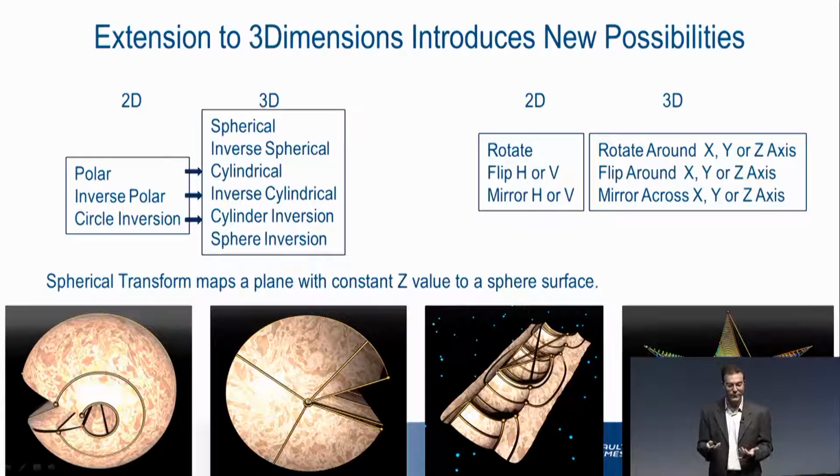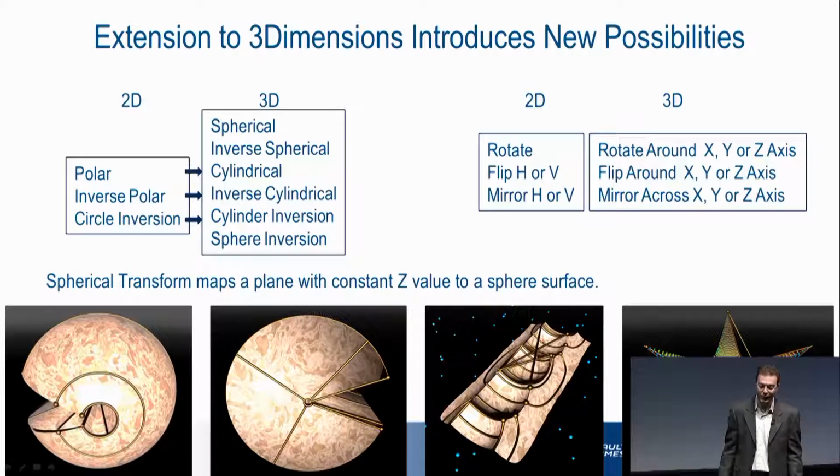And likewise, the inverse polar and the circle inversion can be inverse cylindrical and cylinder inversion. So we have basically twice as many coordinate transforms now as we did before. And likewise, the symmetry preserving operations can be done against all the different axes, right? So that, again, even widens further the realm of possibilities of what one can do.